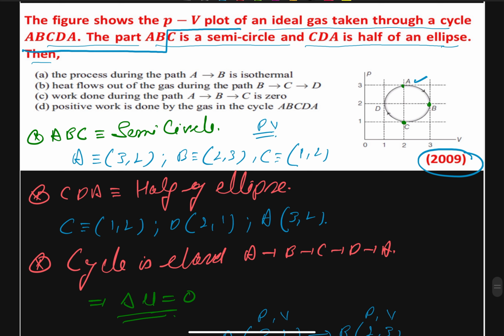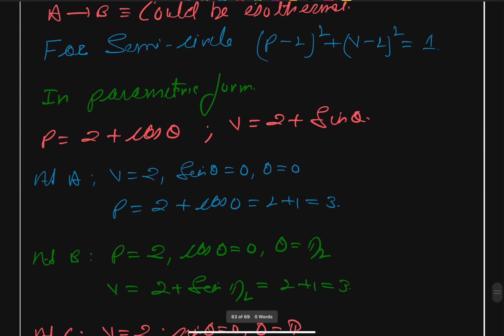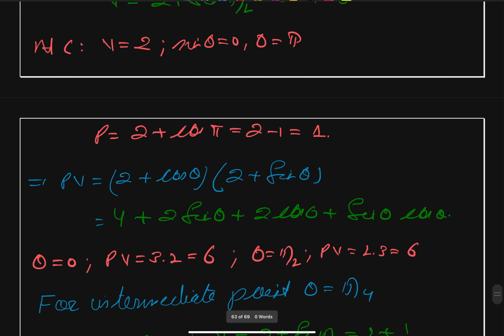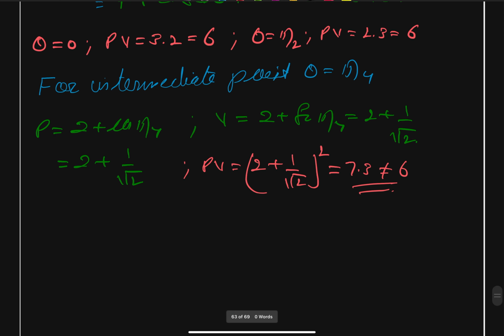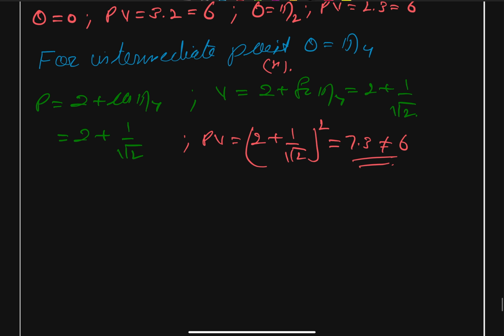Sorry, I took this intermediate point somewhere here, so let us call this intermediate point X. So obviously this is not consistent with PV equal to constant.